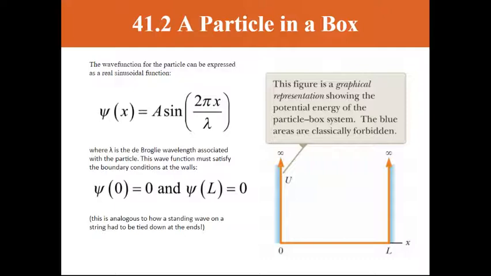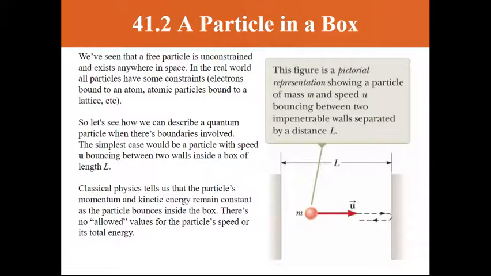The idea of the walls of the box from a quantum mechanics perspective, from the perspective of a wave function, is that the ends of the box are essentially potential barriers. They're impassable walls of infinite potential energy. So the particle will never have enough energy to overcome these barriers and go outside the box.